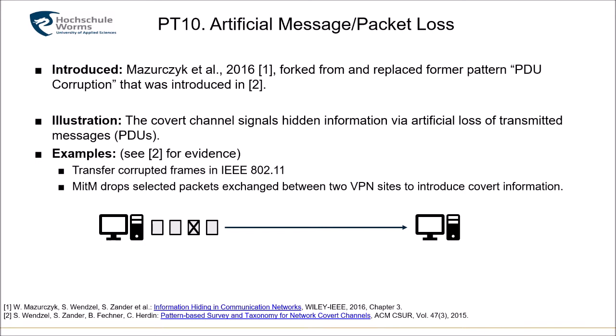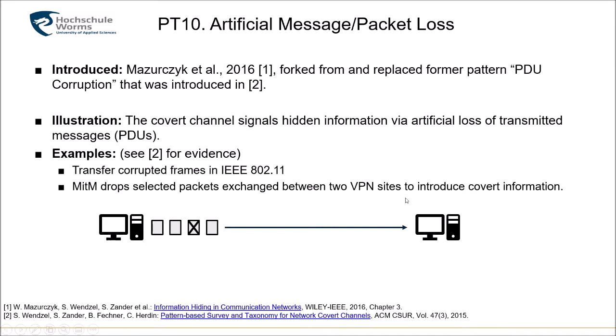Here the covert channel sender signals hidden information via artificial loss of a transmitted message. For instance, one could transfer corrupted frames in IEEE 802.11 to cause a message loss, or to have a man in the middle that drops selected packets exchanged between 2 VPN sites to introduce some covert information.